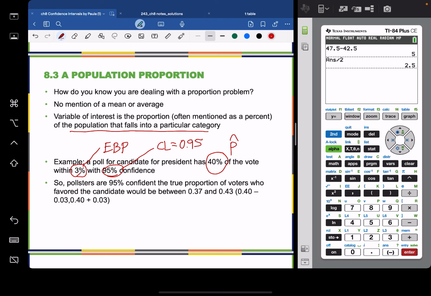So the pollsters are 95% confident that the true proportion of voters would be between 0.37 and 0.43, which tells me that the EBP is 3%. And we knew that, but I can see that right here, 40% plus or minus 3%.